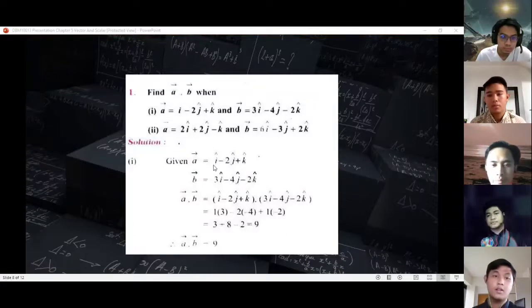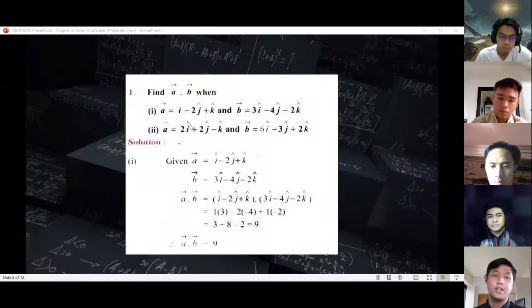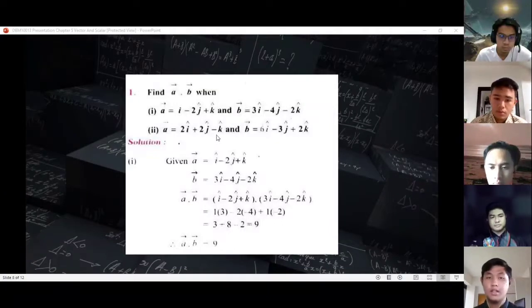Find A dot B when A equals i minus 2j plus k and B equals 3i minus 4j minus 2k. Second, A equals i plus 2j minus k and B equals 6i minus 3j plus 2k.